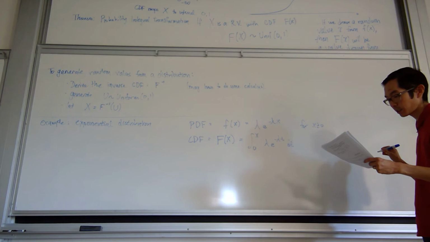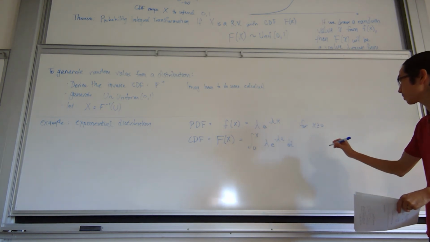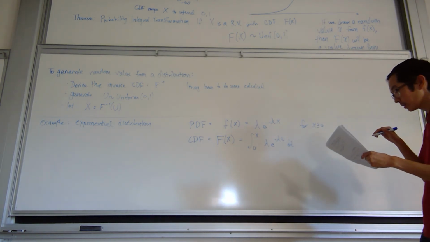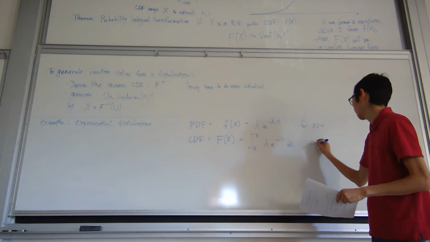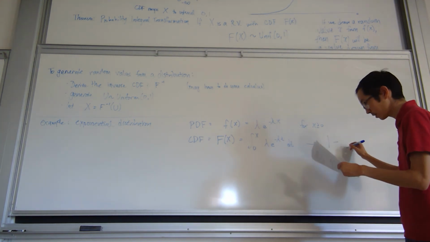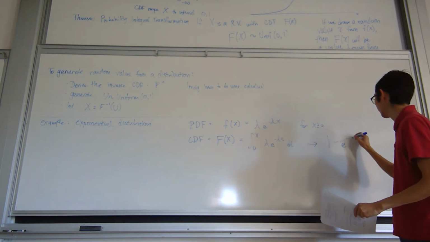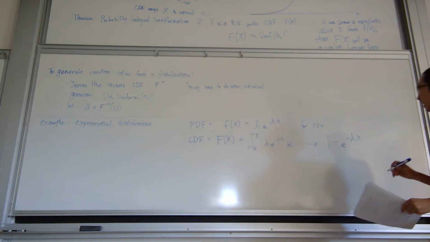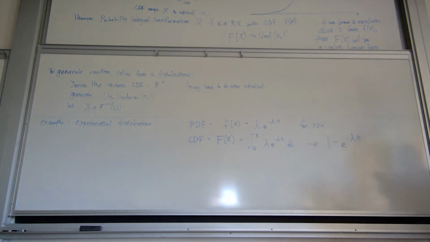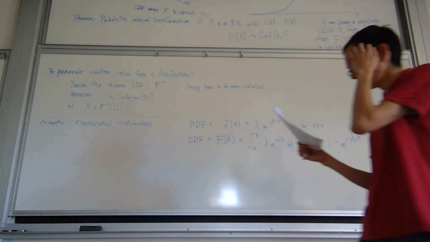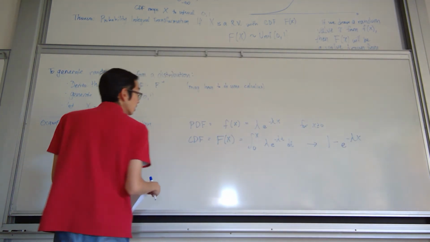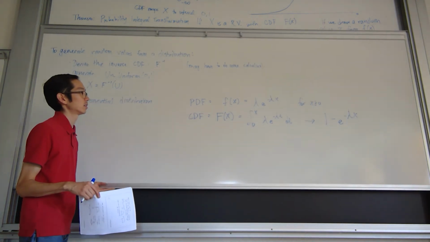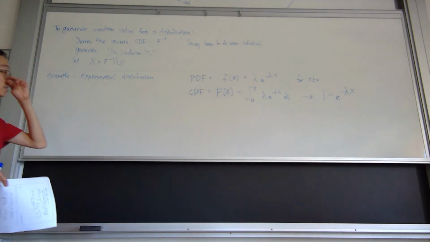All right, and so when we do this, we end up getting 1 minus e to the negative lambda x. Okay. So the CDF is that.